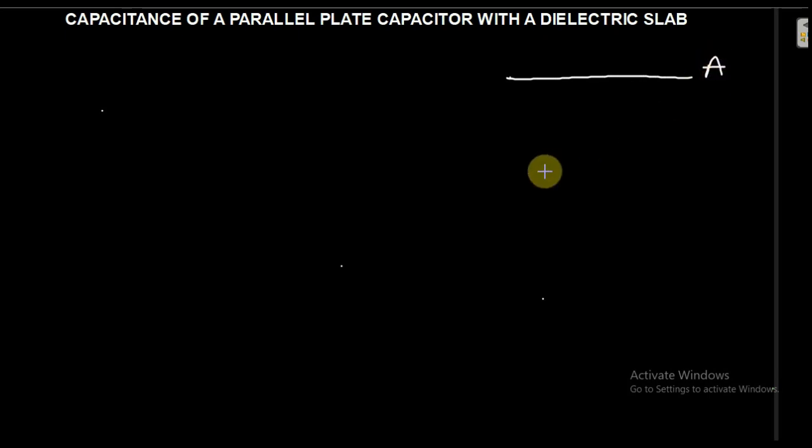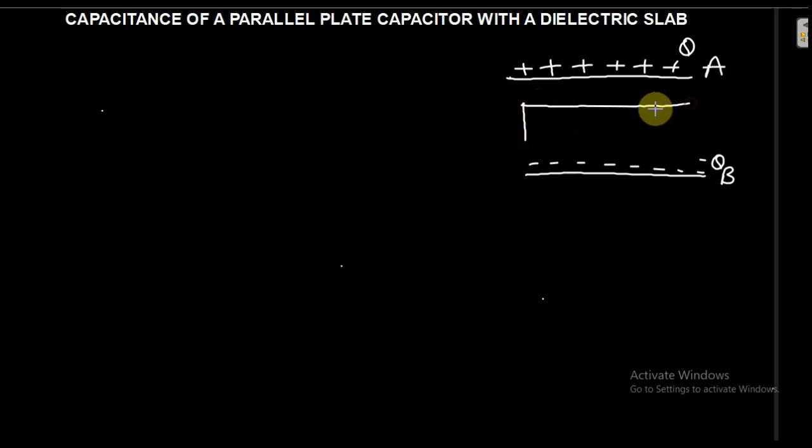The first plate is plate A and the second plate is plate B. Let us consider the charge on plate A is positive Q, and similarly the charge on the second plate B of the capacitor is negative Q. Now we will insert a dielectric slab between the two plates of the capacitor.